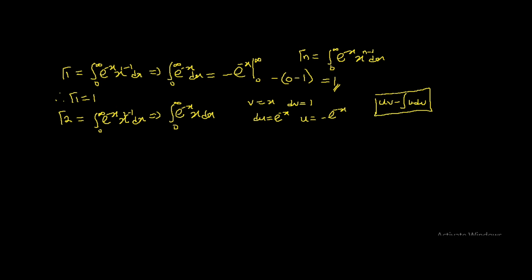Let's substitute it in this formula. You are going to have uv, which is going to give you minus x exponential minus x. Then minus the integral from 0 to infinity of v du, where v is minus exponential minus x, and du is 1 dx. So that means we're going to have minus exponential minus x dx.